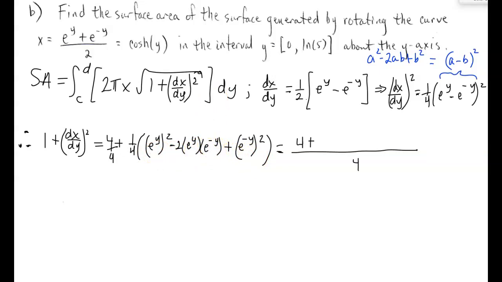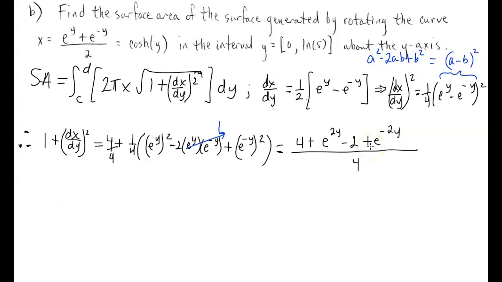Now, one thing that we do know is that this e raised to the y times e raised to the negative y, if we multiply those together, we get e to the 0, which is just 1. So this middle term here is just a -2. And that's good to know. So we'll just end up having e raised to the 2y minus 2 plus e raised to the minus 2y.